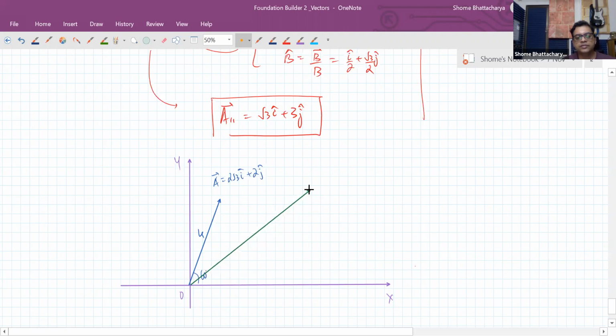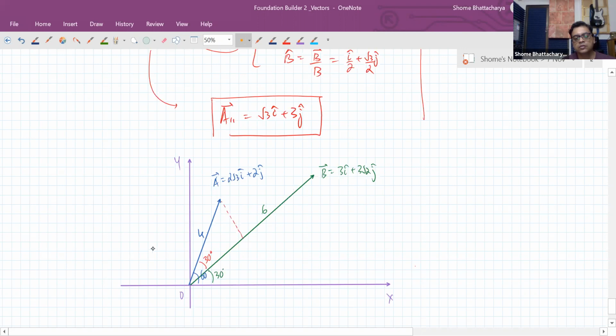And its magnitude is in fact 6. So its magnitude is 6, but more importantly, this angle is 30 degrees. So the angle between the two vectors is 30 degrees.